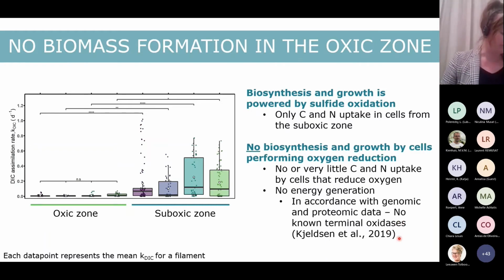So NanoSIMS is completely complementary to these omics methods, where the omics can be used to generate hypotheses that can be tested using stable isotope probing in combination with NanoSIMS.